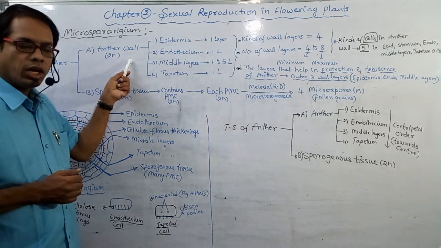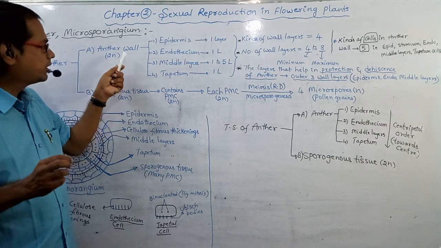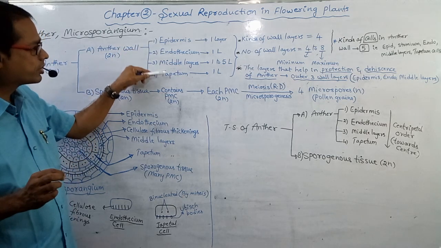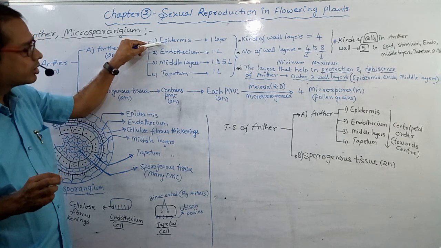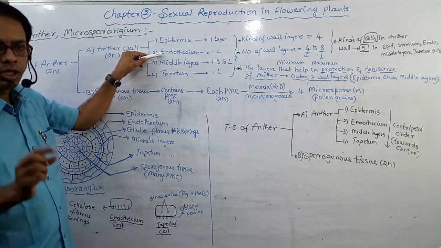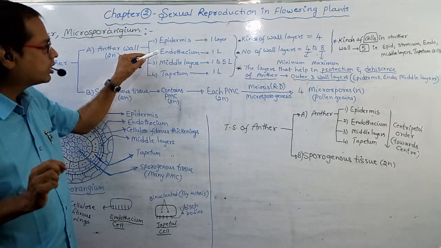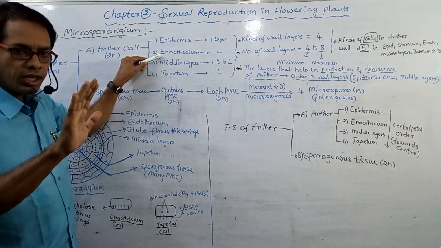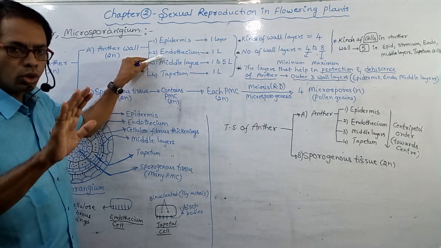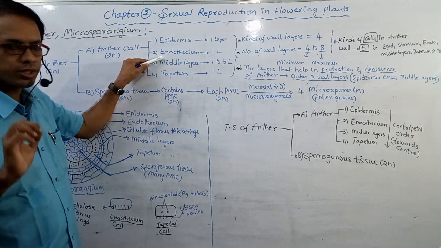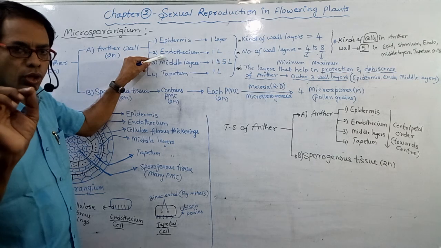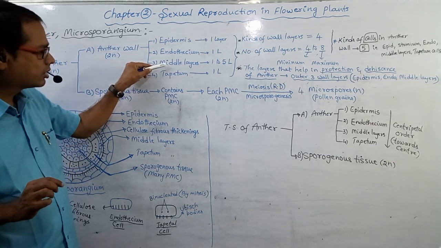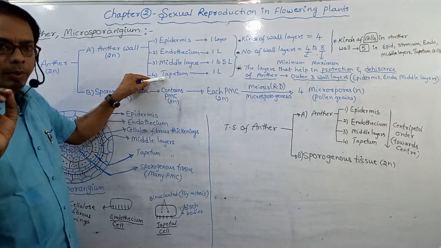This anther wall contains 4 kinds of layers: epidermis, endothecium. Remember, my dear students, this is endothecium. Don't say exothecium. Don't say endodermis. It is endothecium. Next, third one is middle layers, and the last one is tapetum.